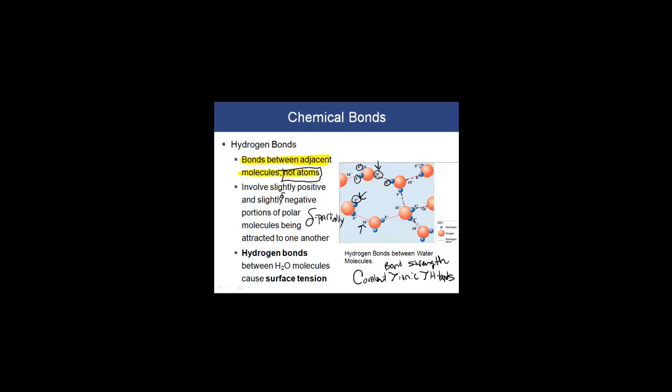It allows leaves not to sink. It allows water striders to skate across the top of water. So hydrogen bonds, even though they're relatively weak, if you consider the number of hydrogen bonds that form in a pool of water, it really adds up, and it becomes a very prominent support structure.